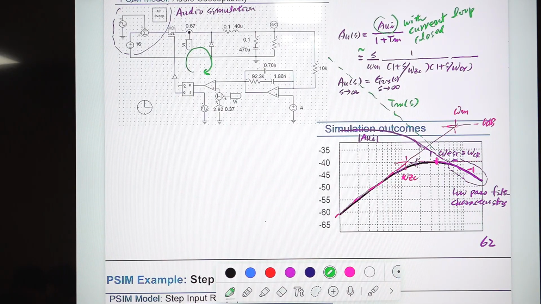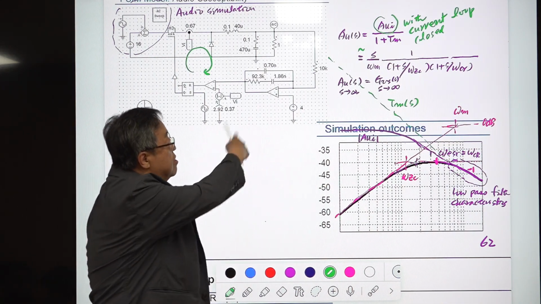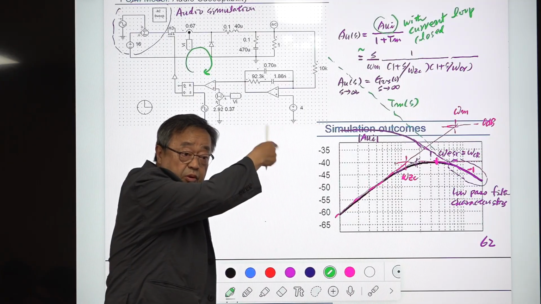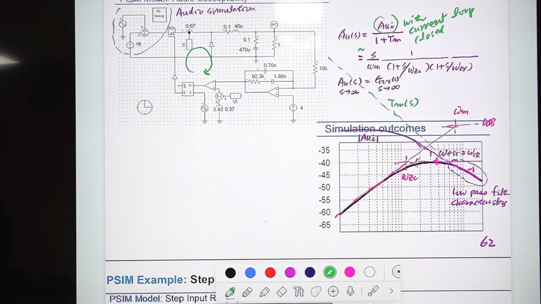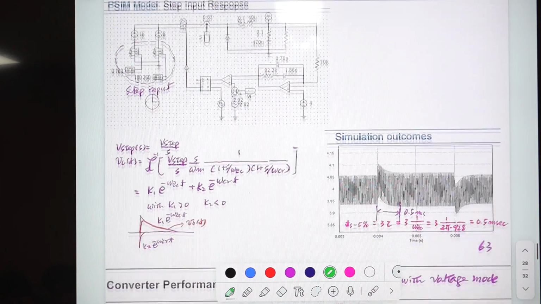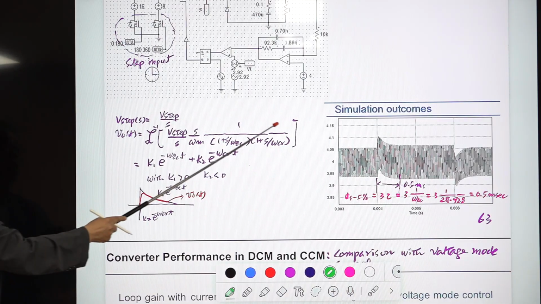All right? Okay. So if you have this plot, you know everything about this, then you take the inverse Laplace transformation, same as the previous case of output impedance and step load. You do the same thing here. This is the S-domain expression of V-step, and this is the audio susceptibility.